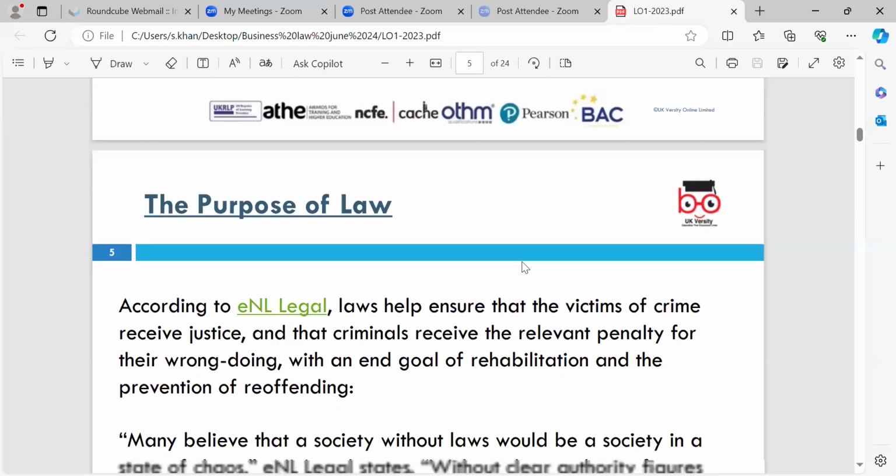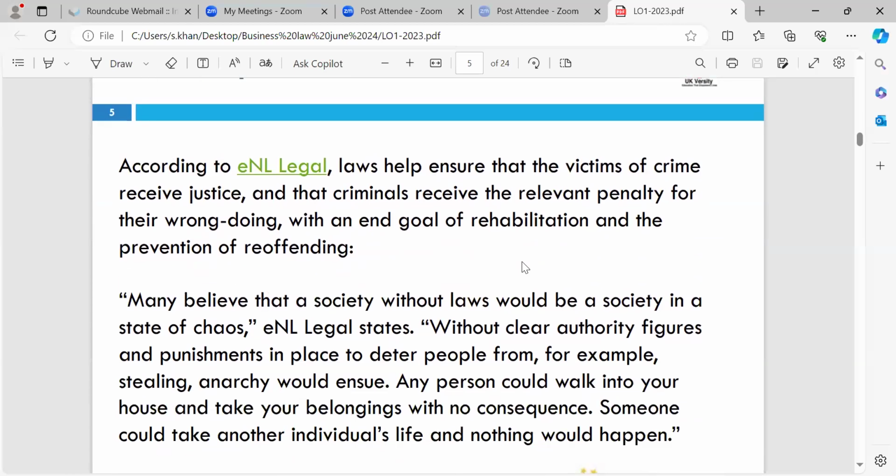The purpose of law. It's really important when we look at any elements of law to understand why law is so important.